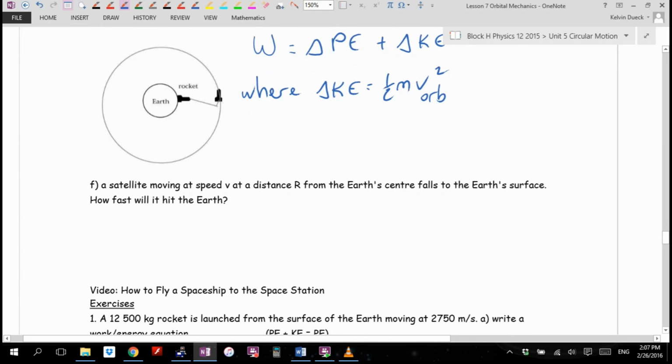Raj, what's F asking me to find? How fast it is. So it's asking me to find a speed. Is it asking me to find how much work? No. Is there a change in height? Yeah. Is there a change in speed? Yeah. We're going to use conservation of energy, but since we're cosmic, we'll make sure we use the cosmic potential energy. We would go like this.